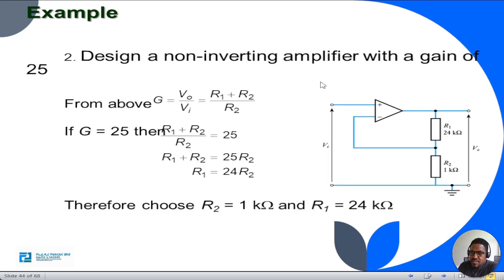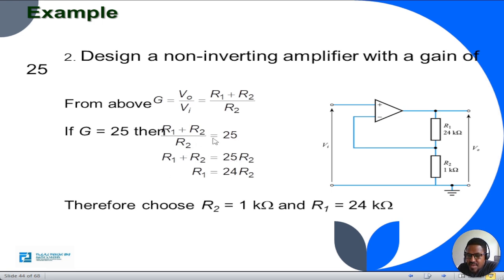In this second example, let's design a non-inverting amplifier with a gain of 25. When our gain is 25, what about R1 and R2? For the above gain, V out over V in, for non-inverting, is (R1 plus R2) over R2. So the gain becomes 25, that is, (R1 plus R2) over R2 equals 25.